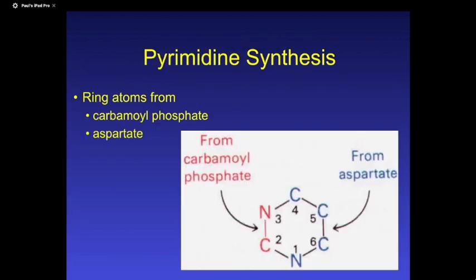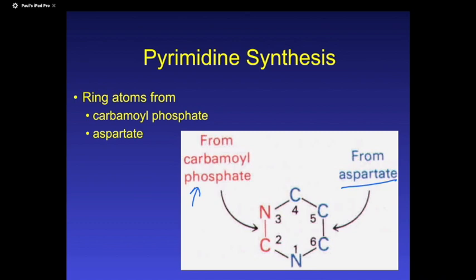Now, the pyrimidine synthesis, in terms of knowing where everything comes from, is a little bit more simple. The aspartate is a derivative from the citric acid cycle, and the carbamoyl phosphate is in a pathway that you have seen before.